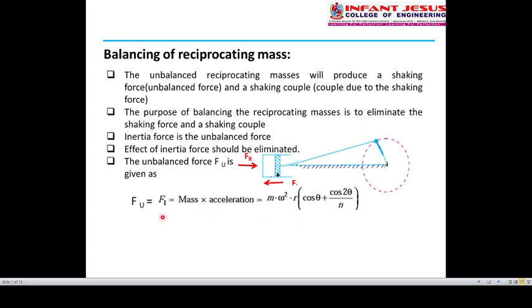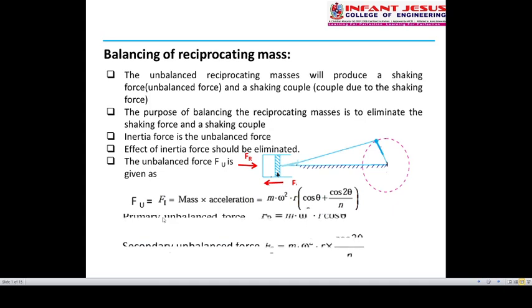This is the unbalanced force equation. In this equation we note that in the reciprocating engine mechanism, the inertia force is the unbalanced force. From this formula we get two unbalanced forces: one is the primary unbalanced force and the second is the secondary unbalanced force.